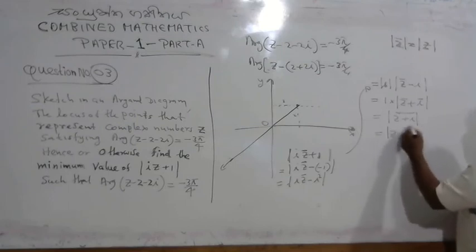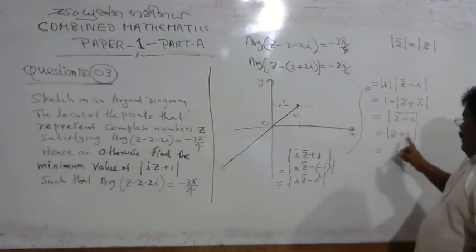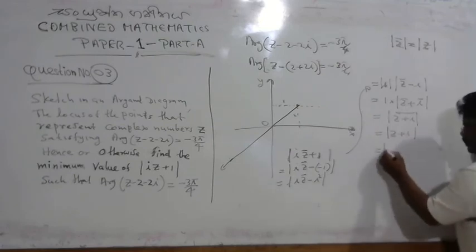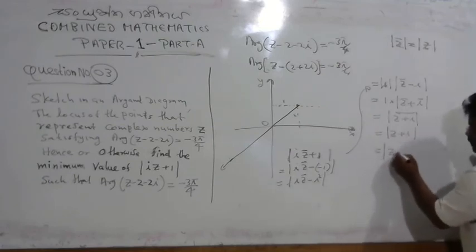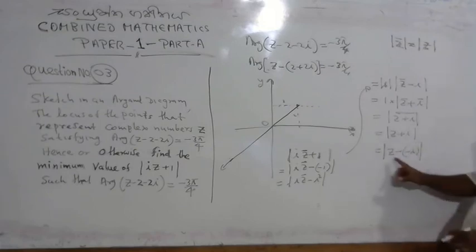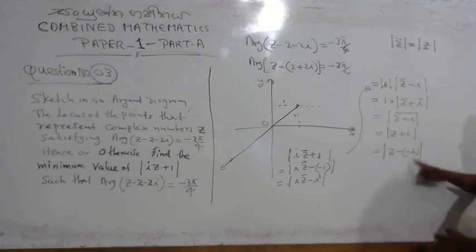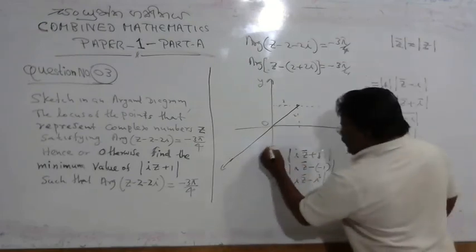So what is this? This is actually the distance between z and minus i. You can also look at it as the difference z minus (minus i). So this is the distance between two points. What are the two points? One point is the constant point, minus i here.